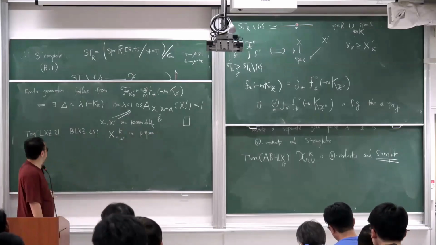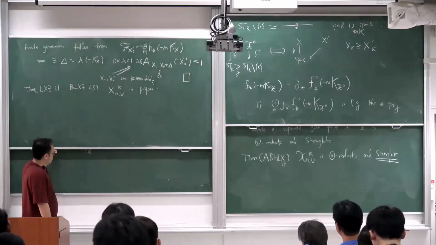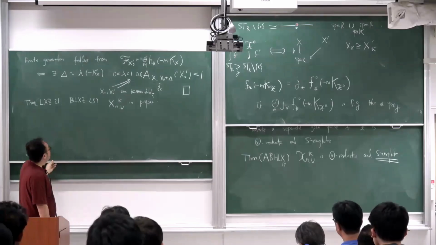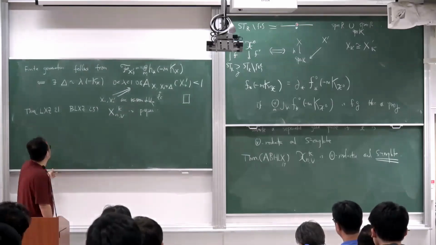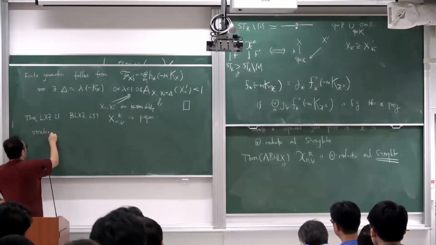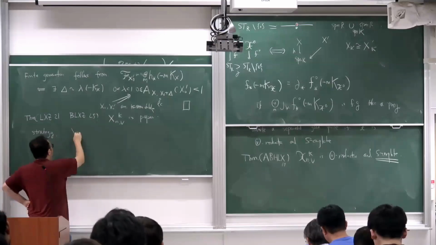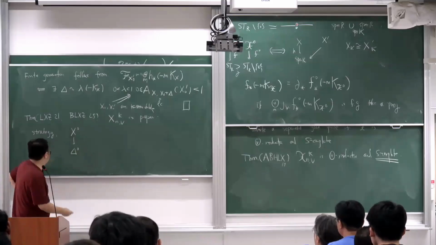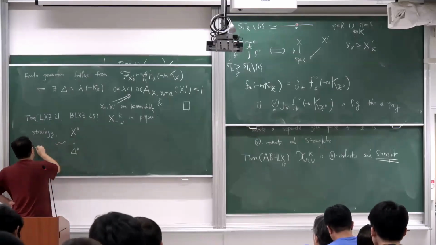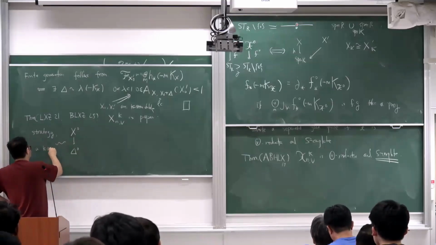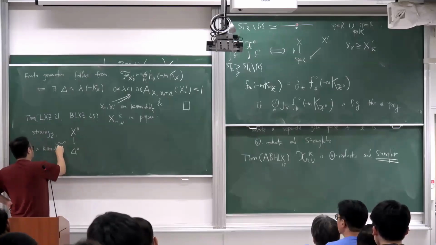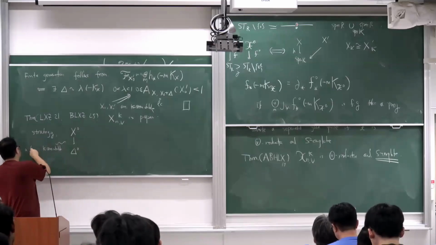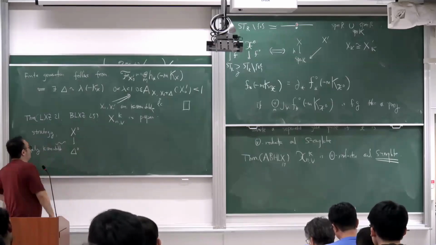So how do we prove this? Let's say I have an x0 over a punctured disk, such that this is a family of k-semi-stable Fanos.